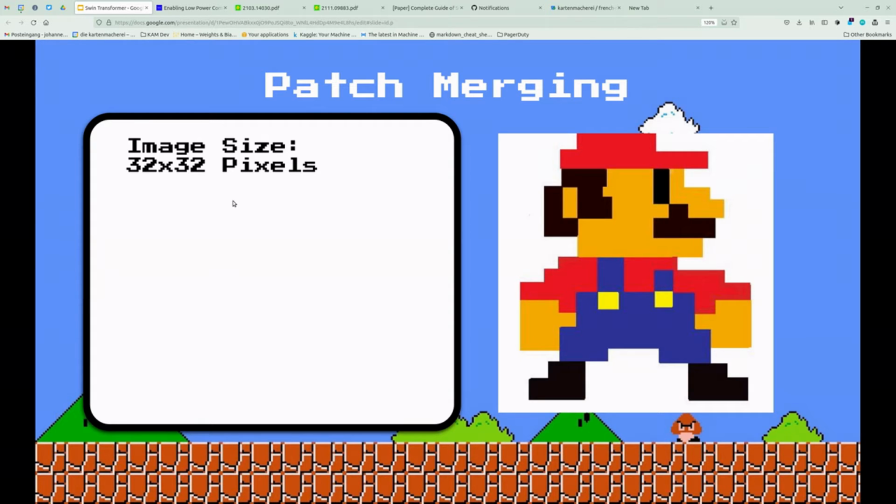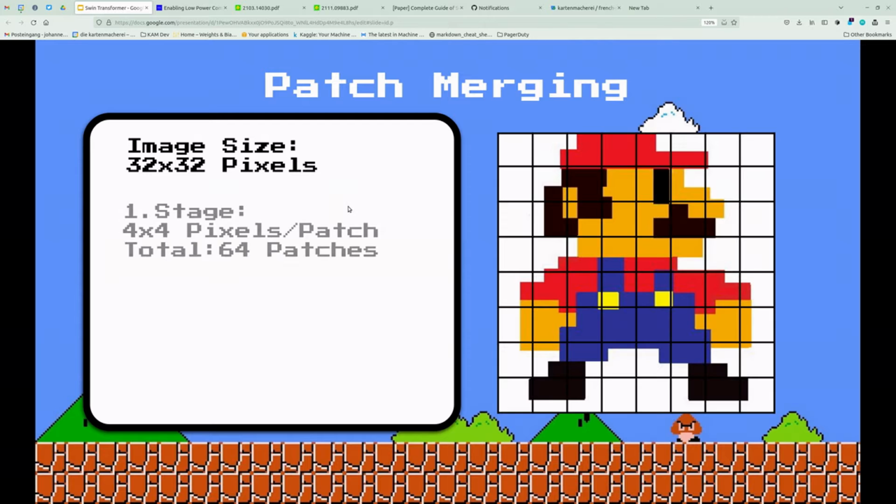So in the first stage, we divide it in 4 by 4 pixels per patch. It's not completely aligned, but let's just imagine there are 4 pixels here and 4 pixels there. So per patch, that would be 16 pixels, and for the whole image, that would be 64 patches.